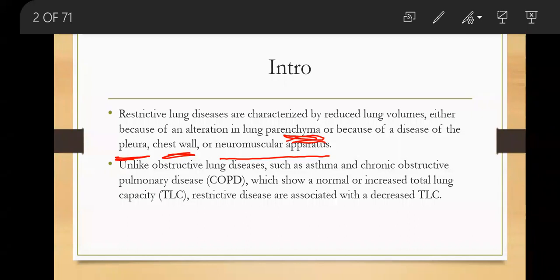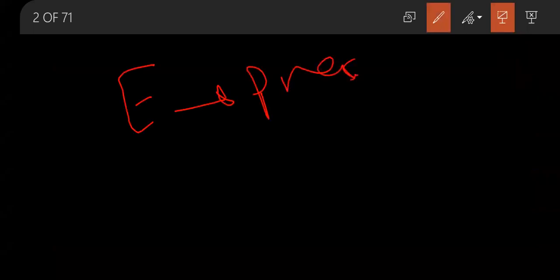Measurement of expiratory airflows is preserved in restrictive lung disorder. Preserved means normal.